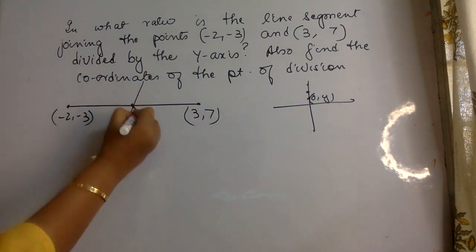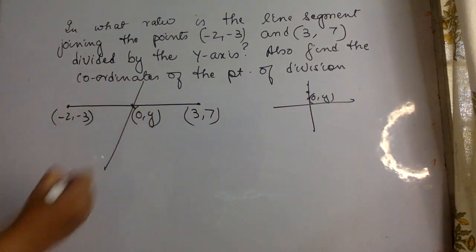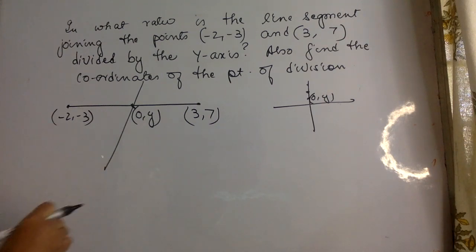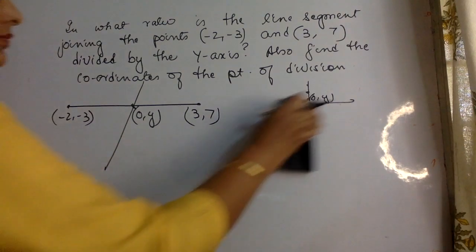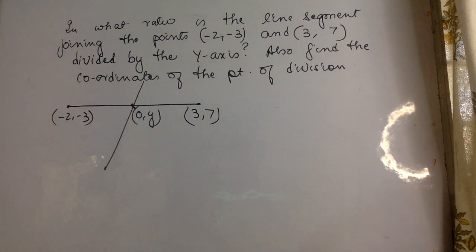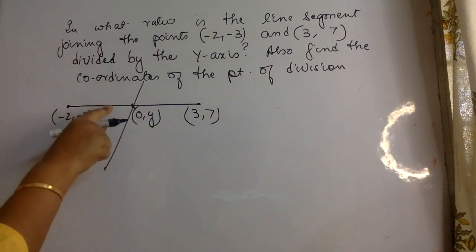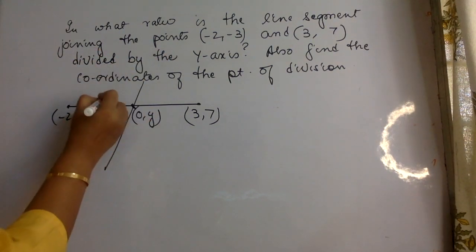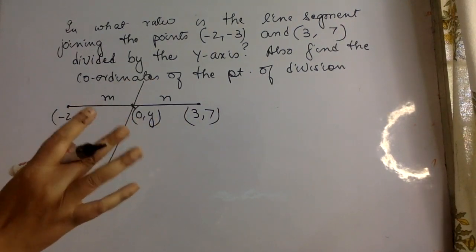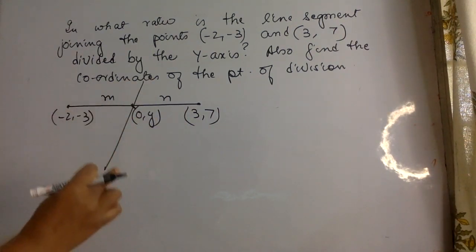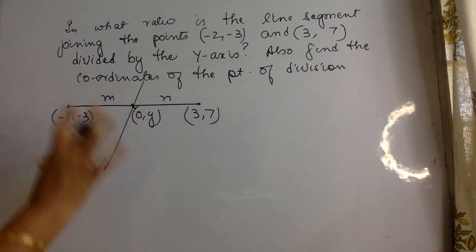So the coordinates of a point on the y-axis are always 0 comma y. So this point is divided by the y-axis, and they want this ratio. Let this ratio be m is to n. They want this point also.